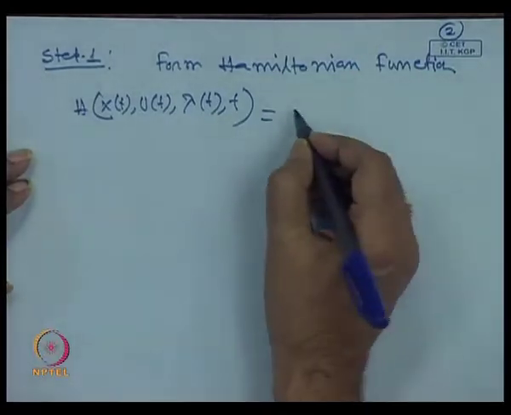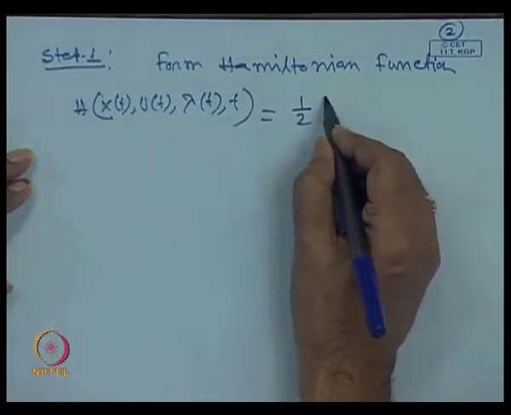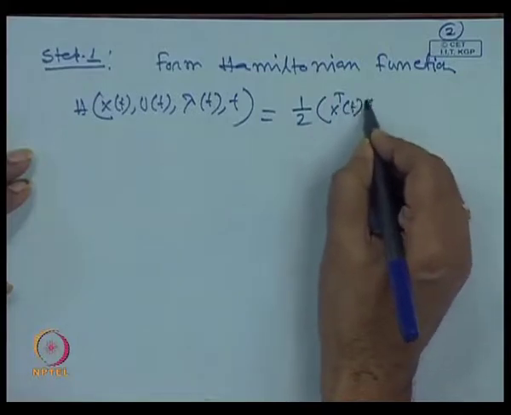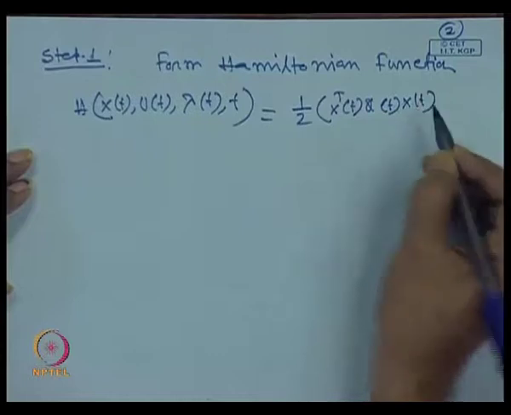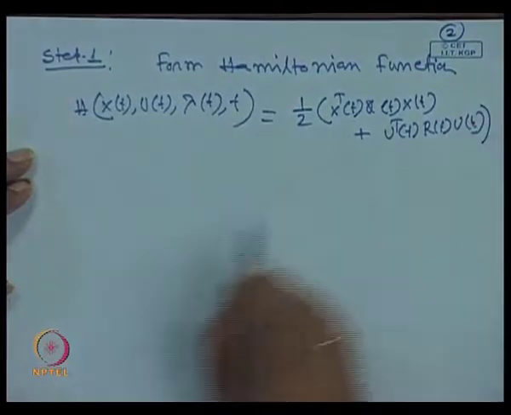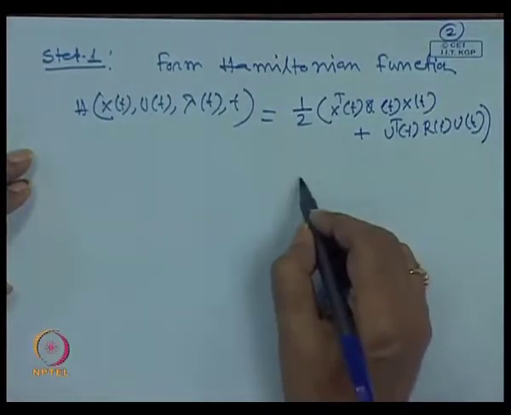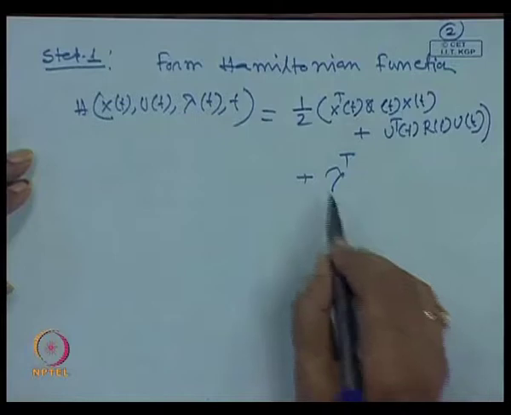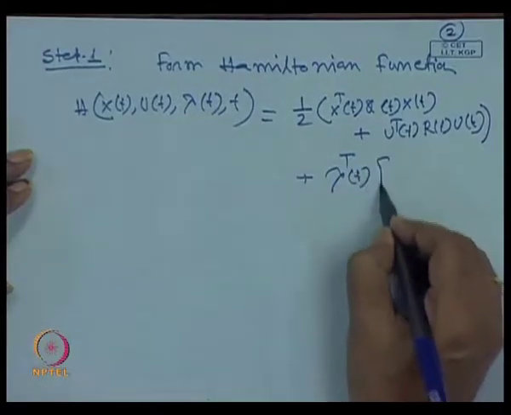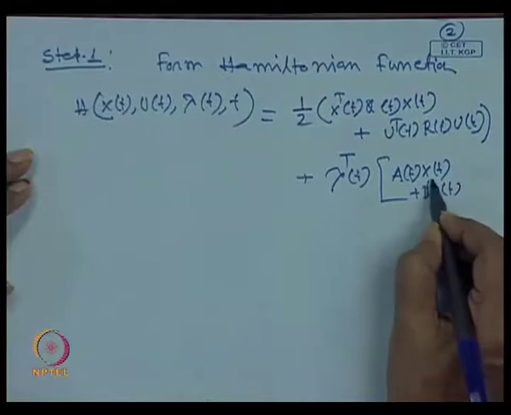So, I will write the integrand part of the cost function, that is half, then x transpose of t Q of t x of t plus u transpose R of t u of t, that part, which is the integrand part of the performance index, V of x, u and t, plus the Lagrange multiplier lambda transpose multiplied by our A of t x of t plus B of t u of t.